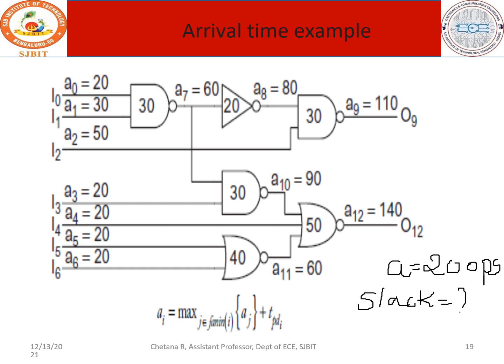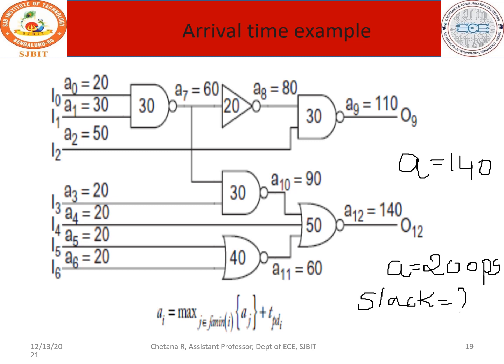Now when you look into this, you have 110 and 140. What is the arrival time? We have to consider the maximum of these. Therefore, the arrival time in this example is equal to 140. Now, what is the definition of slack? Slack is required time minus arrival time.